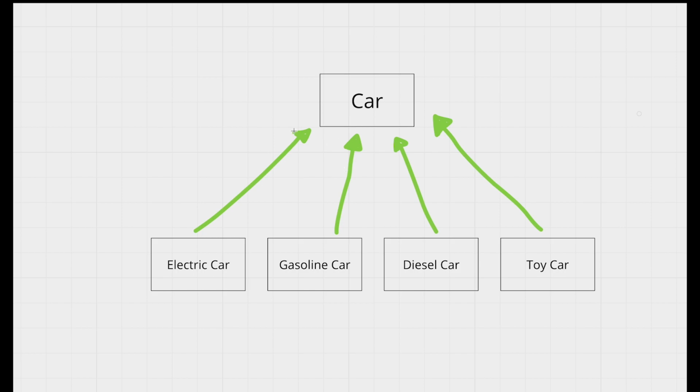As you can see here, we will not be newing up a new Car. We will be newing up subtypes of cars, like ElectricCar, GasolineCar. We'll be saying new of these cars. And whenever you have different types of cars, there's a high chance that you might run into problems when you try to use inheritance for code reuse here.